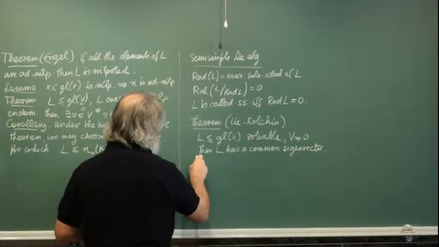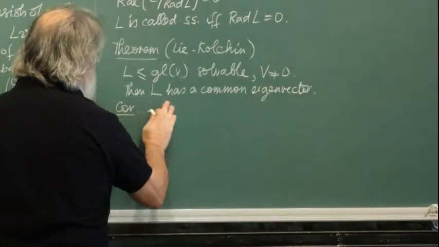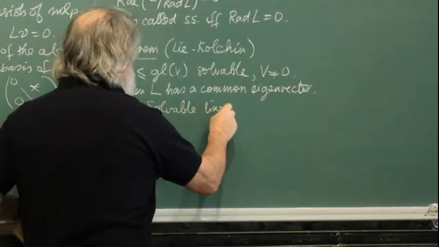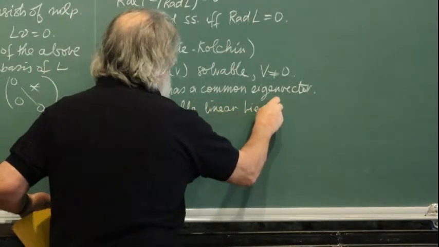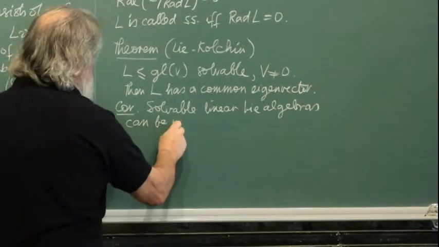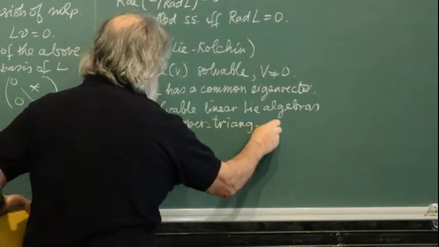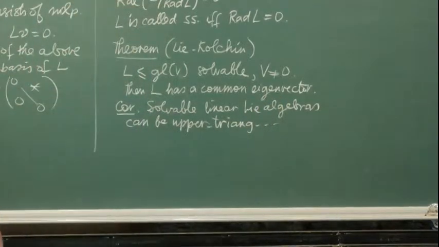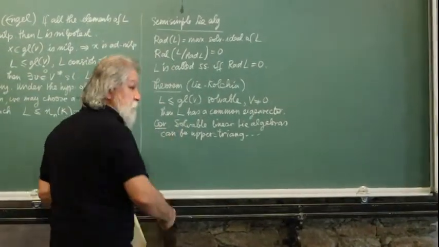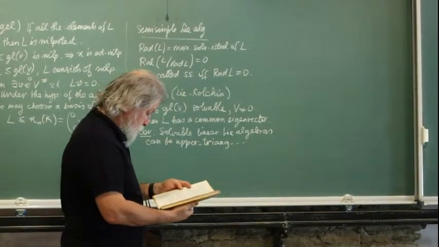So, corollary: solvable linear Lie algebras can be upper triangularized. Right? There's a basis of V under which L can be embedded inside upper triangular matrices. Okay.